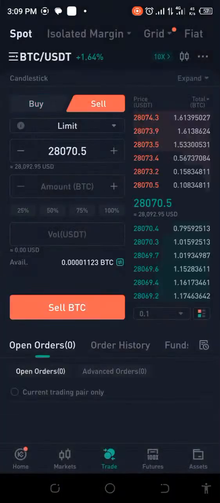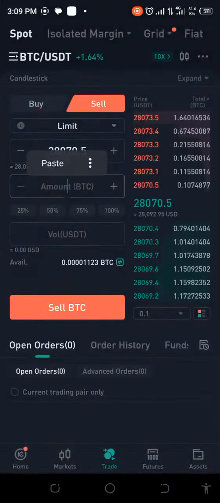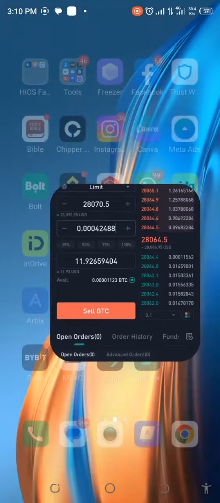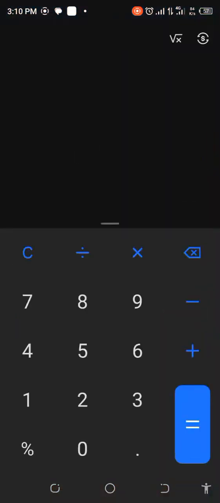So I am about to paste BTC. Don't forget, what we have is 11.92. Okay, about 50 cents or something in that range. Looks good. Let me go and check in my calculator, so I'll be sure that that signal is giving us what we really want.